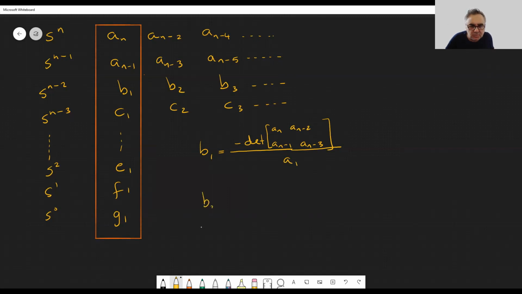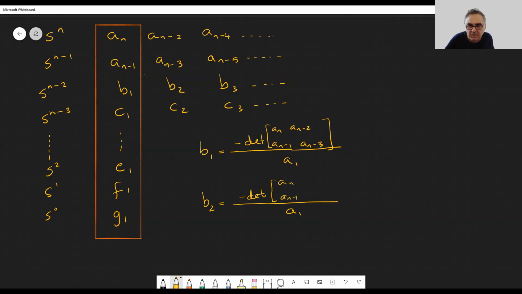B2 is determined, again, in a similar fashion. Again, the negative determinant of, again, a_n and a_(n-1).